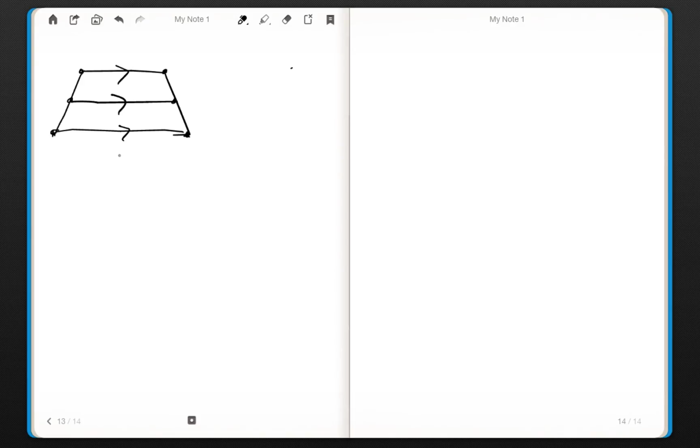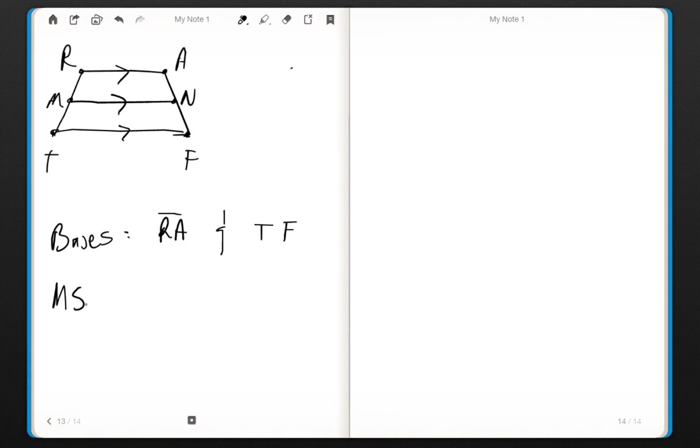2, the length of the midsegment is half the sum of the lengths of the bases. So how do we write that? Well, we're going to go ahead and use the same notation that we have here in your textbook. M, N, and then T and F. So your bases are the following segments, RA and TF. Your midsegment, which we'll call MS, is MN.